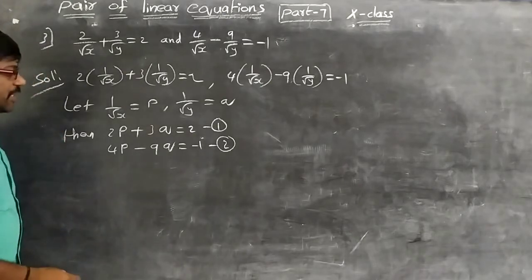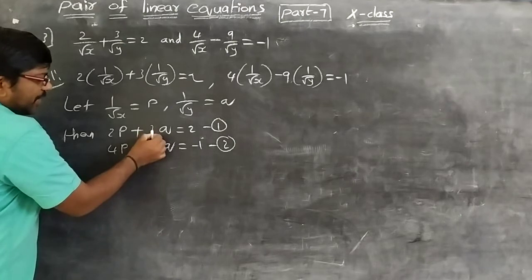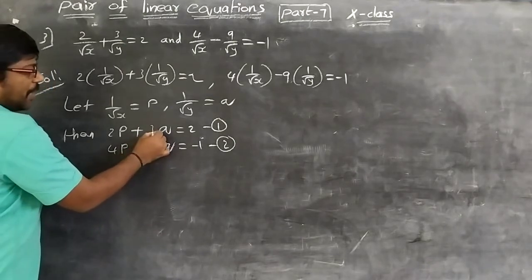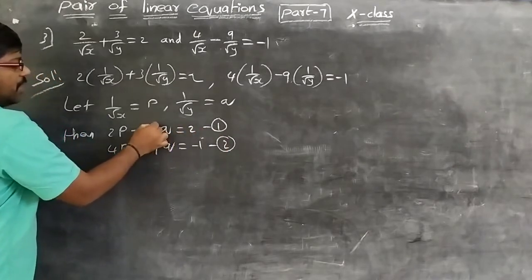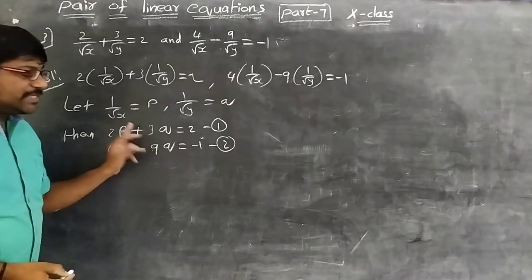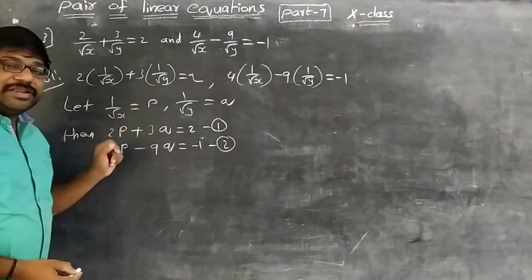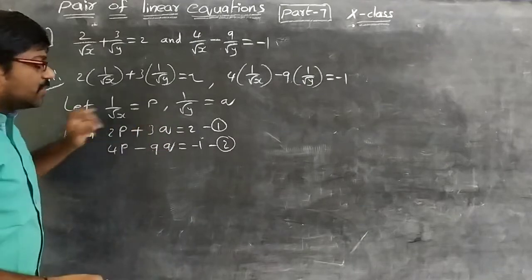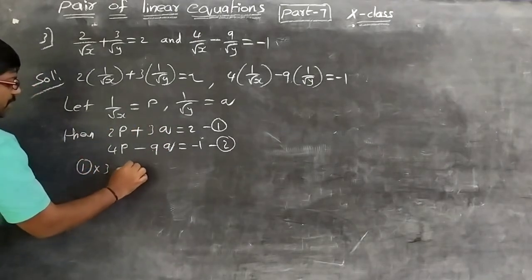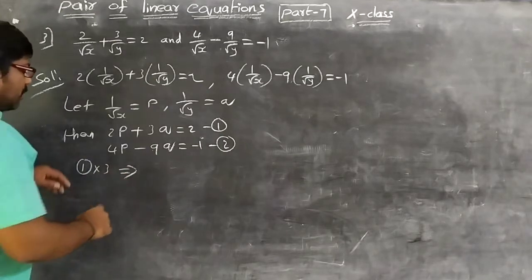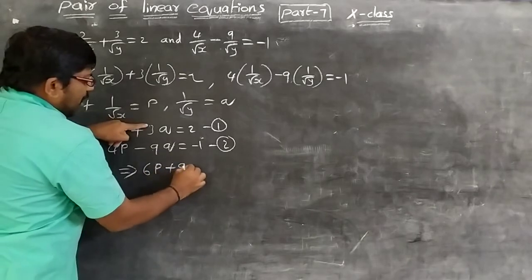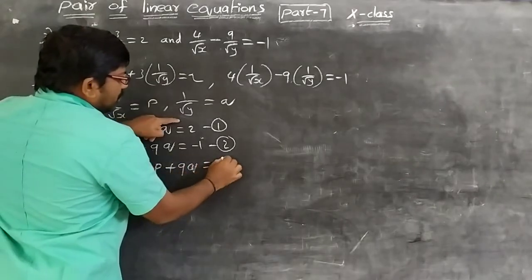We use the elimination method. Here the q coefficient is 9 in one and 3 in the other. Now we have to multiply equation 1 with 3, so that the coefficients of q are the same. Equation 1 into 3 becomes 3 2s are 6p plus 3 3s are 9q is equal to 3 2s are 6.